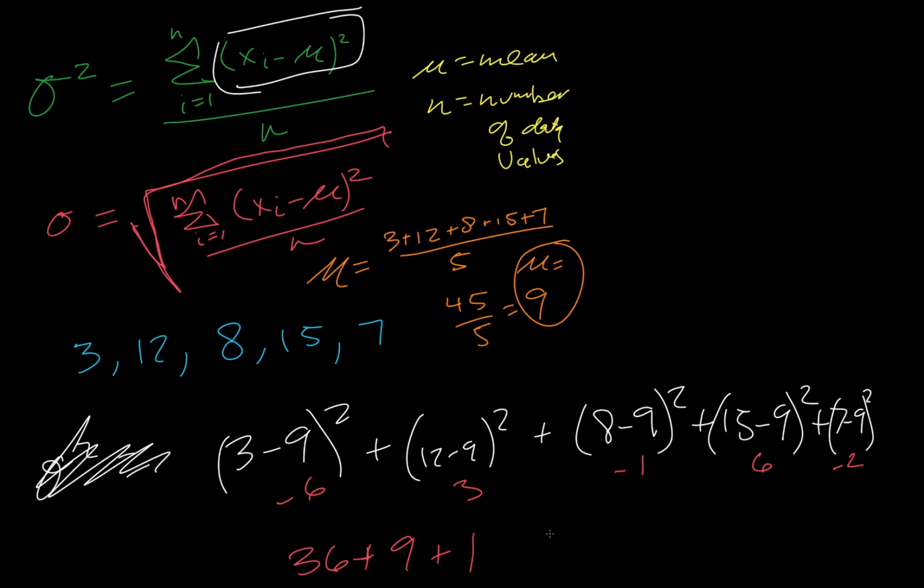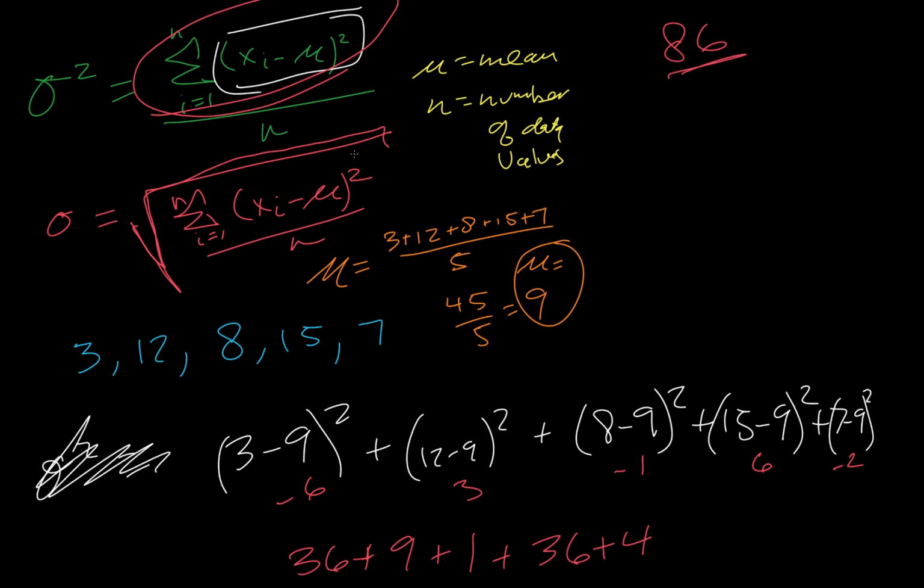Negative 1 and negative 1 would be 1. 6 and 6, 36. Negative 2 would be 4. So that's going to be 40, 50, 60, 70, 80, 86. So the entire top part of this is going to be 86. We just add all those together.